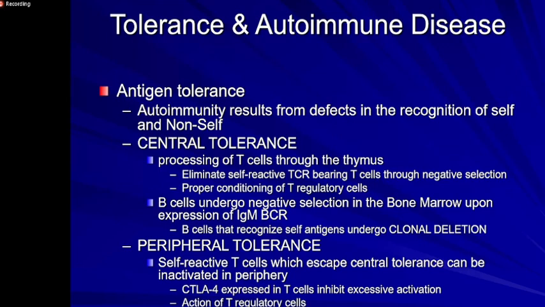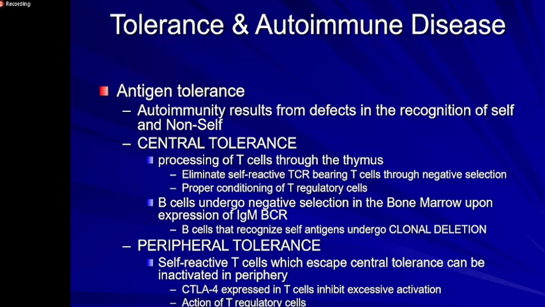Now, the second process, which can ensure that the B cells which leave the bone marrow are not able to recognize self-antigens, is they can undergo reorganization of the B cell receptor, through a process which we call receptor editing.